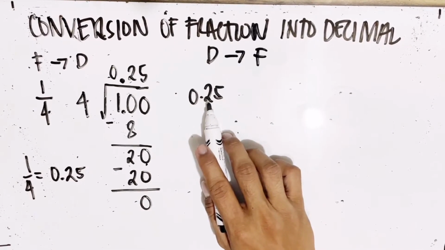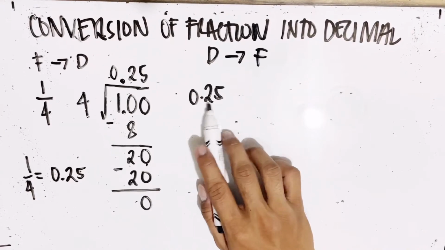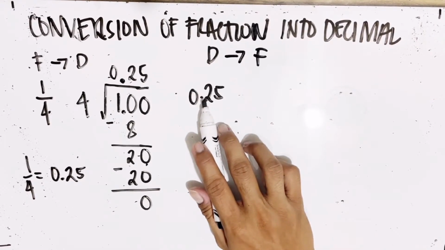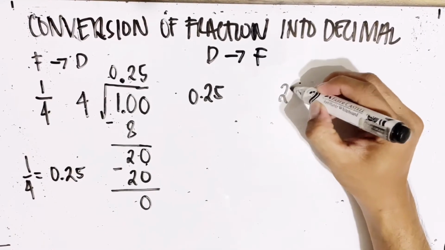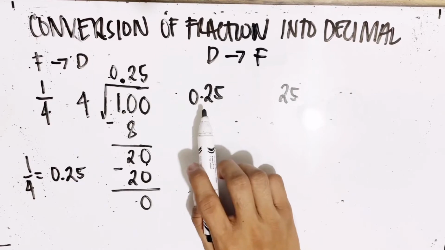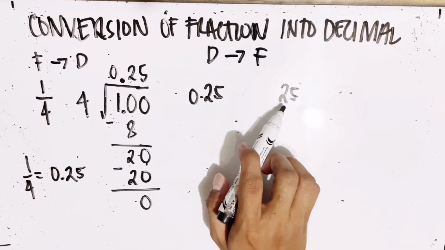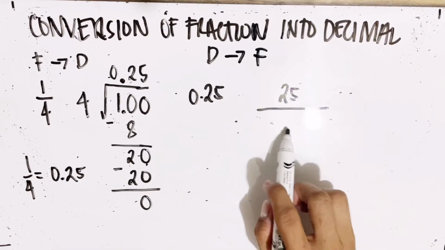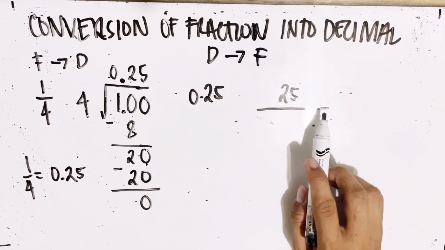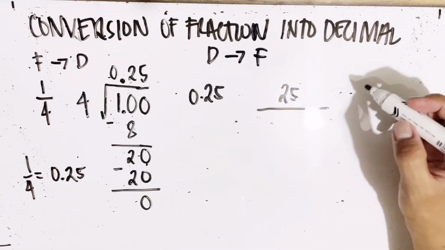First, write the number that is on the right of the decimal, which is 25. Next, place a bar under 25. This bar is called vinculum.